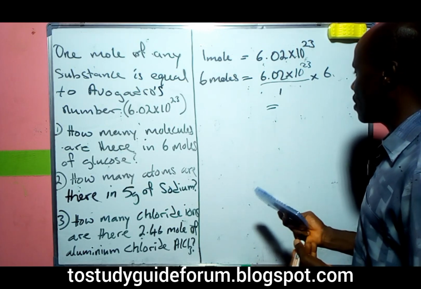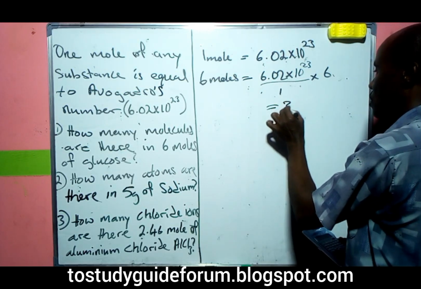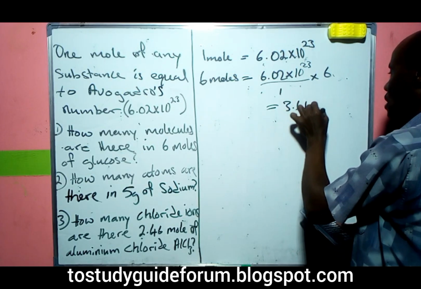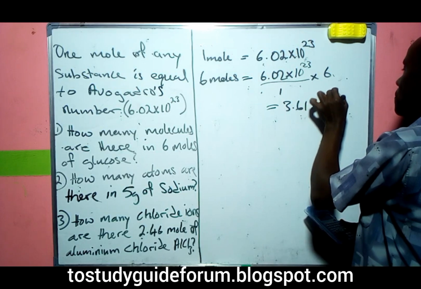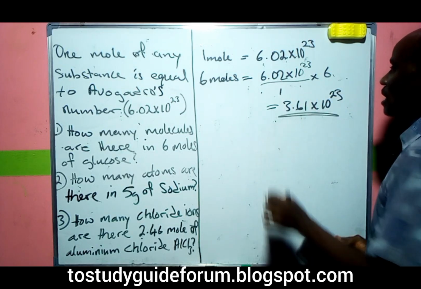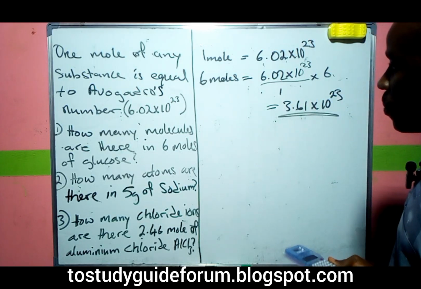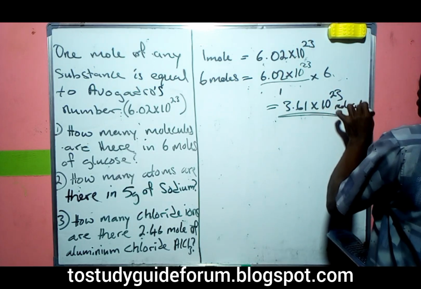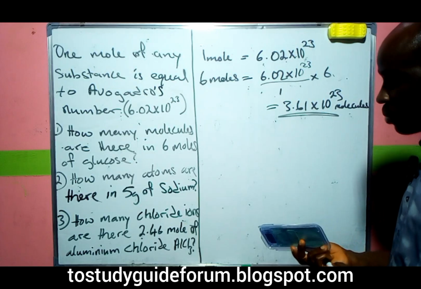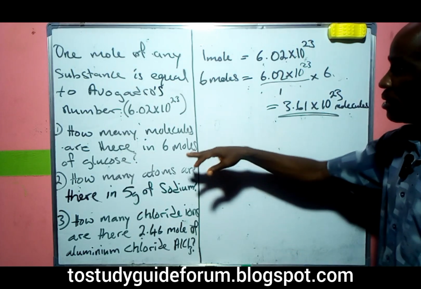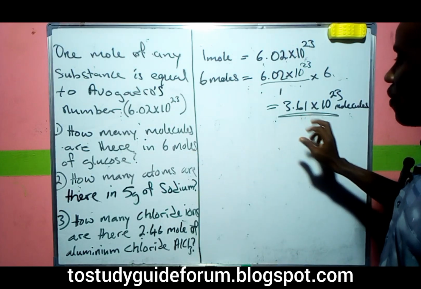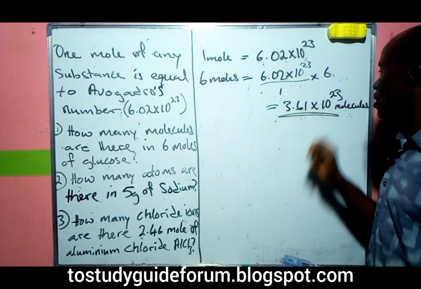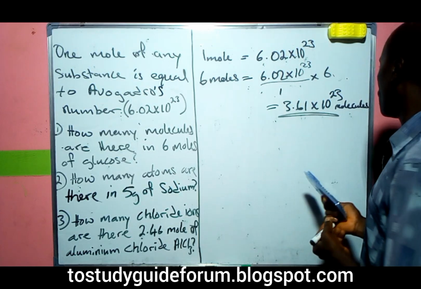So what we have here is 3.61 times 10 raised to the power 23. That is now the molecules. Since it's molecule, we can say molecules. Remember, all these things have to go with that because we are looking for molecules. That is what we have in 6 moles of glucose: 3.61 times 10 raised to the power 24, not 23.